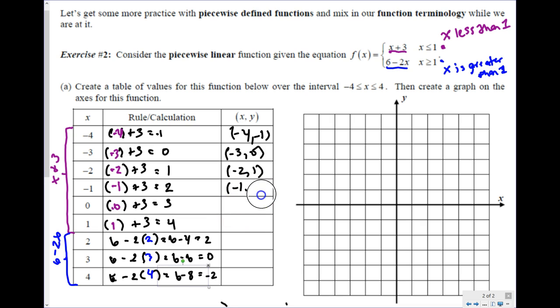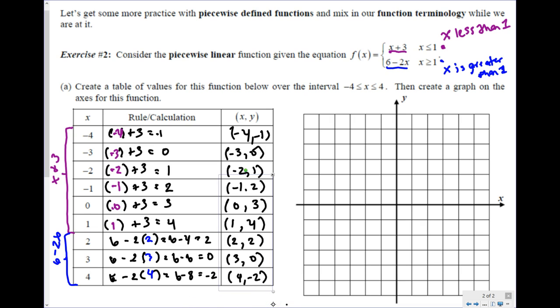And again, my pen is doing this thing where it connects the numbers, and I'm not really sure why it's doing that. 0, 3. 1, comma 4, 2, comma 2, and 3, 0, and finally 4, negative 2. So here I've created all of my coordinates, and now I'm ready to start graphing my points.